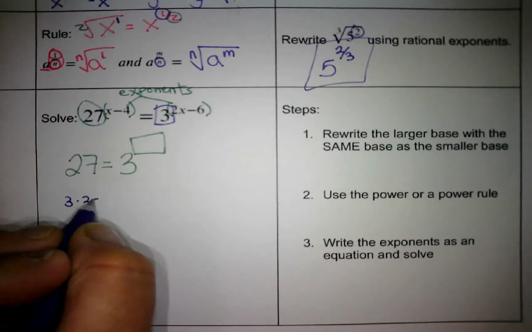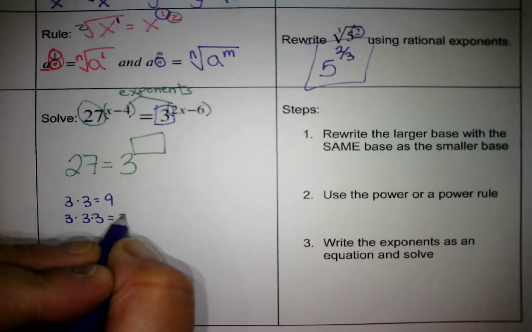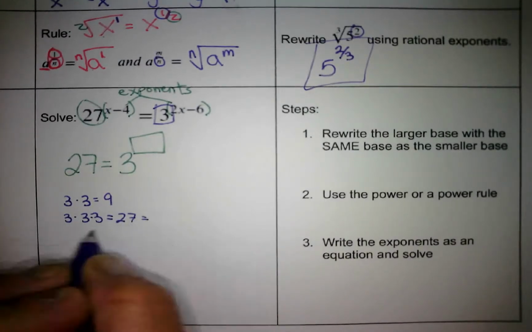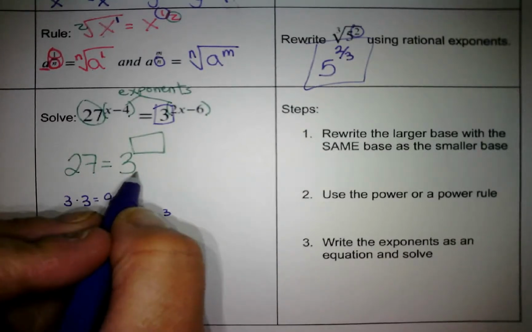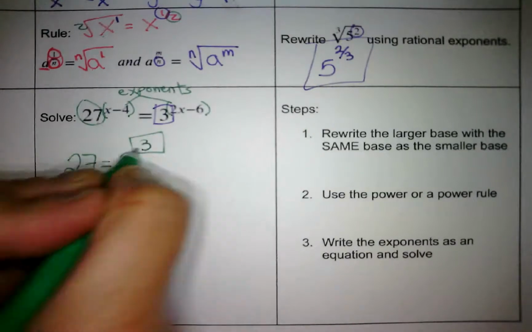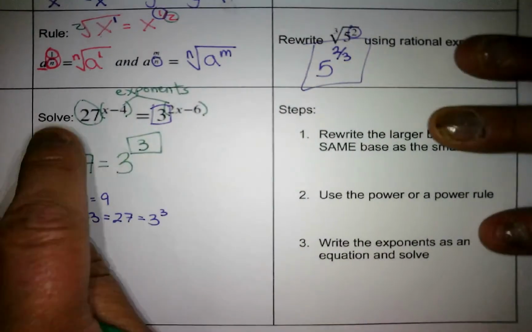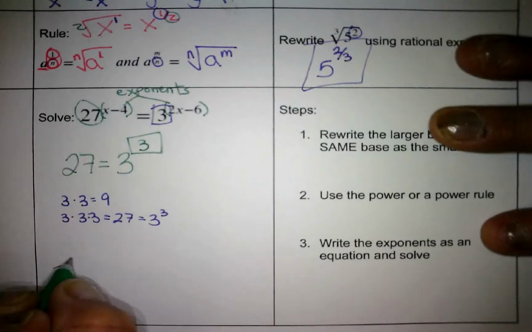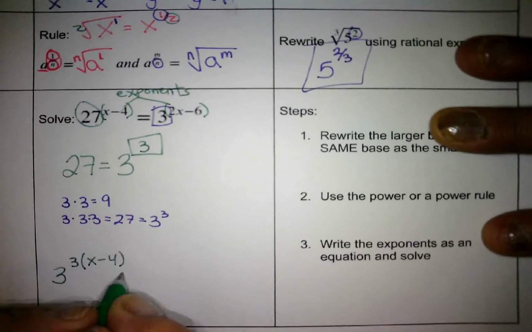So that's going to be 3 to the third power. So what I'm looking for here is 3 to the third power. Now I have 3 to the third power, raised to x minus 4, equals 3 to the 2x minus 6.